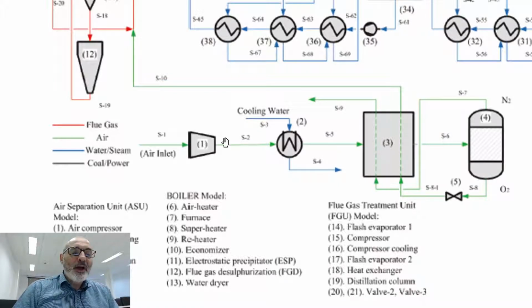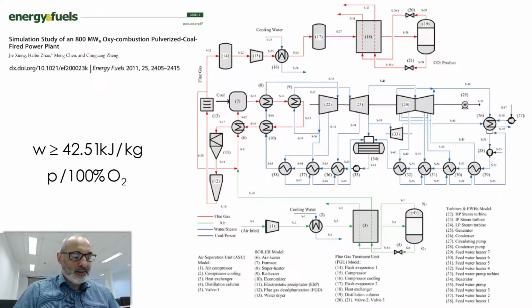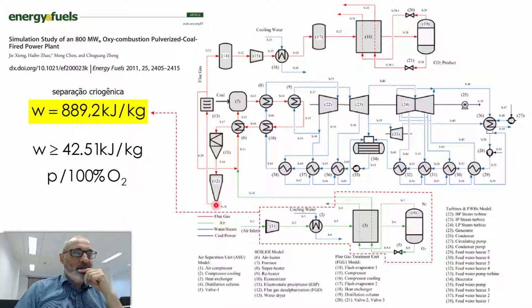But anyway, this is a cryogenic separation process, which separates oxygen for the oxy-fuel process. We know that a perfect process would expend 42 kilojoules per kilogram, and these guys here did some inventory and got this number.